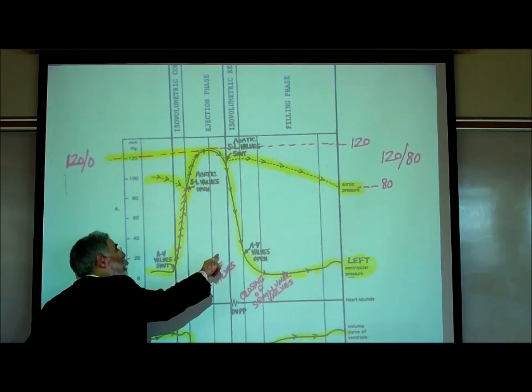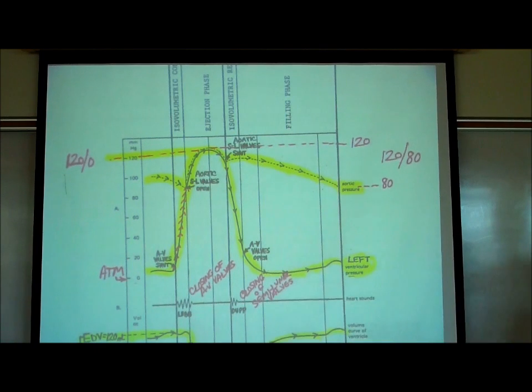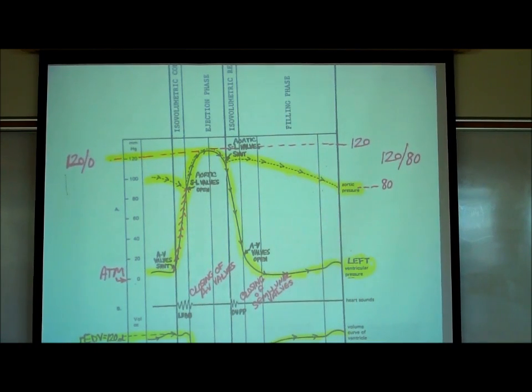So we know that when the left ventricle forces the aortic valve open, however high the pressure gets in the left ventricle, that's how high the pressure will get in the aorta, because it's literally just ejecting the blood right into this next room.